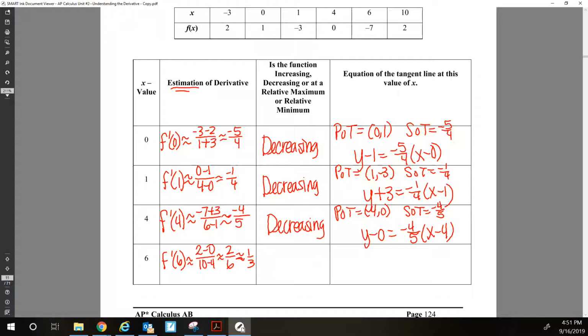What's different about this one then? Increasing, decreasing, max or min? It's not 0, not negative, so it must be increasing. All right, point on the tangent line there is at 6, -7. Slope of tangent line, we just approximated at 1/3. So y minus negative 7 equals 1/3 times x minus 6.